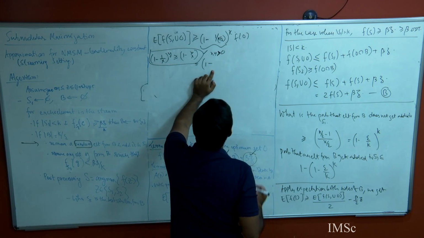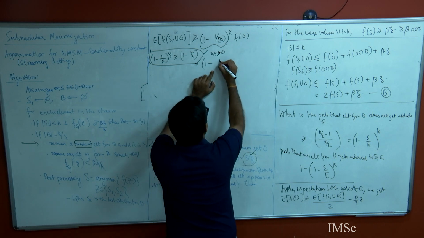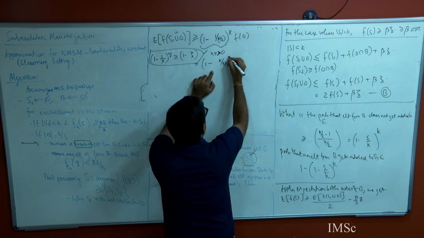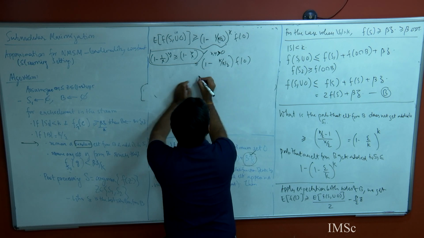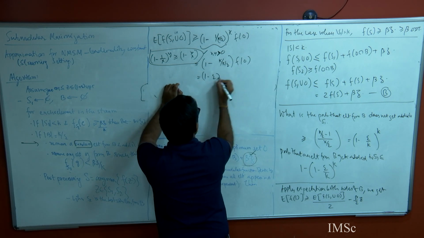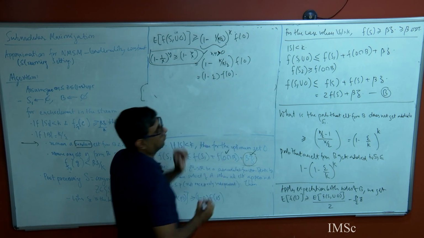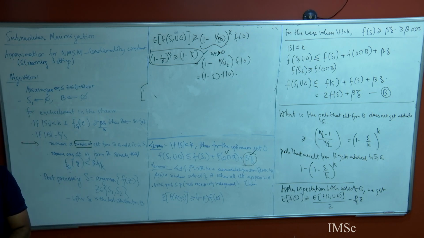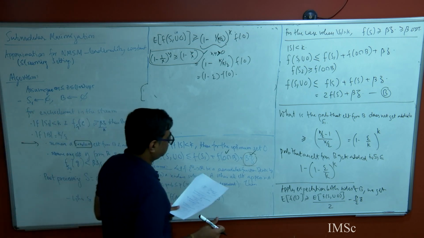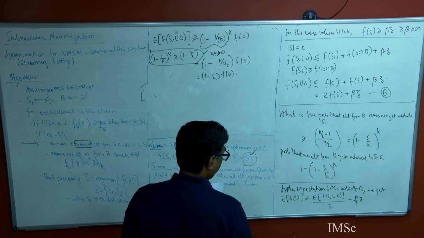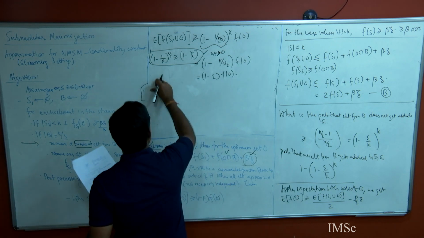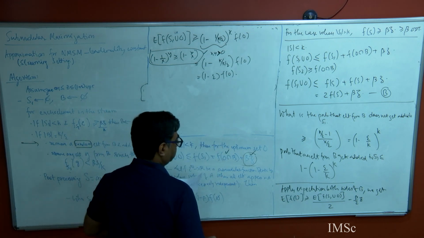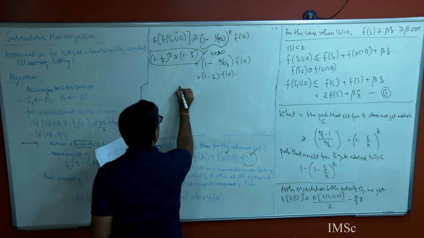So now what do we get from here? Which is 1 minus epsilon times f of O. Okay? So what will we get now if I substitute there?